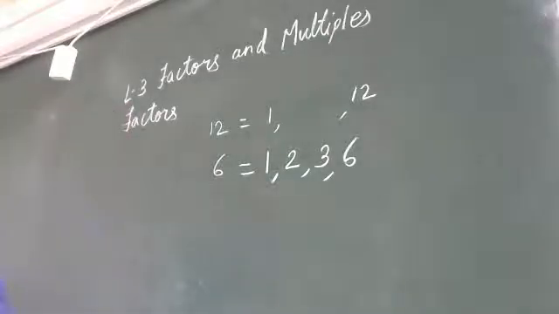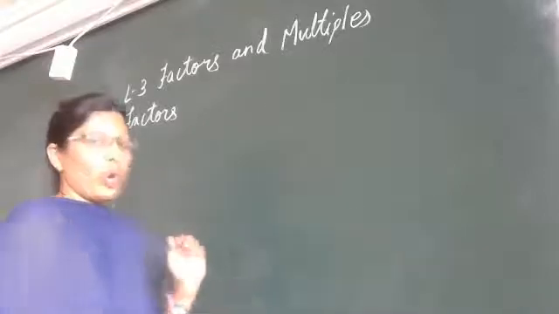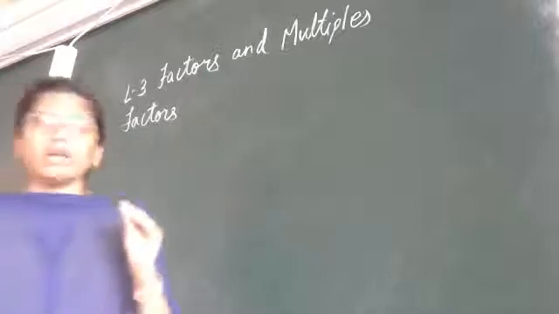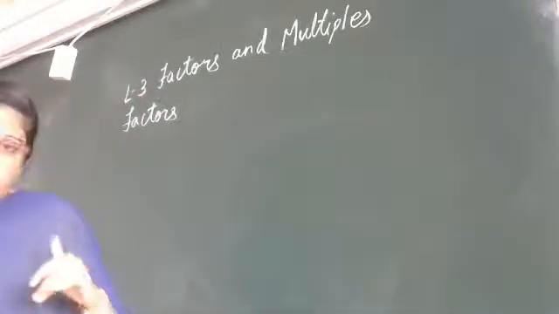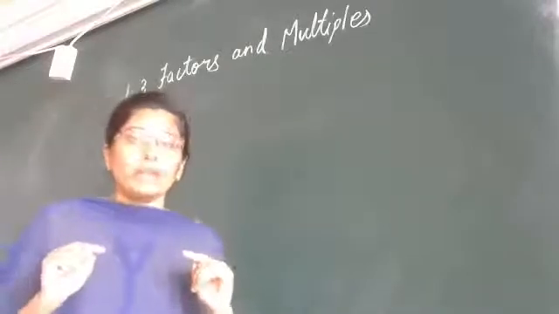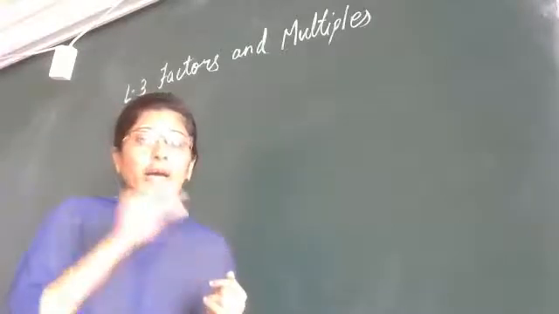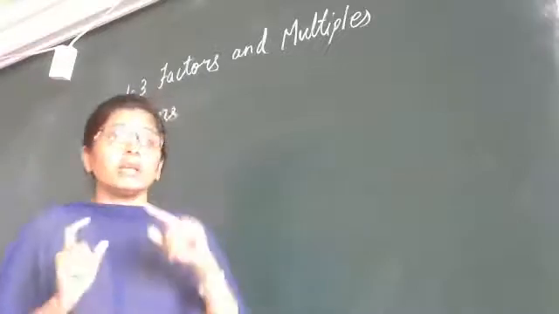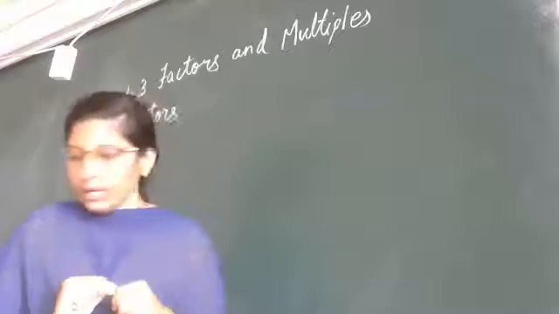Yes? Okay. So, this is about the factors. What we saw about factors? That a factor is a number which divides another number, leaving the remainder 0. Means when you divide a number with another number and you get the remainder as 0, that means the number is a factor of the other number.